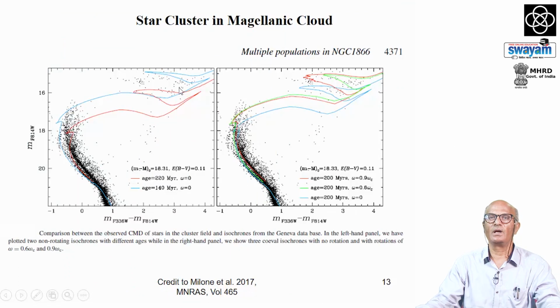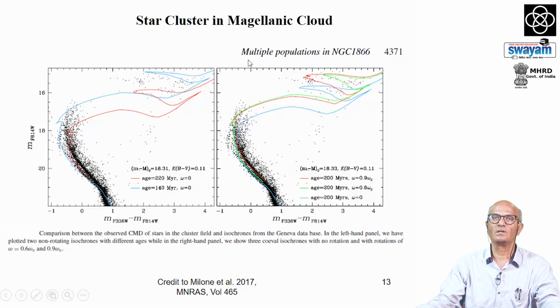In the next few slides, I will just try to highlight what HST Hubble Space Telescope observations have taught us in this aspect. In fact, 20 years ago we believed that all the stars in a galactic cluster were formed at the same time, but precise observations taken with HST, the Hubble Space Telescope, demonstrated very clearly that that is not the case.